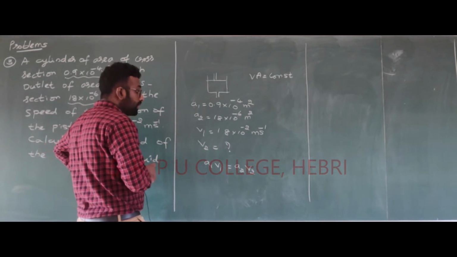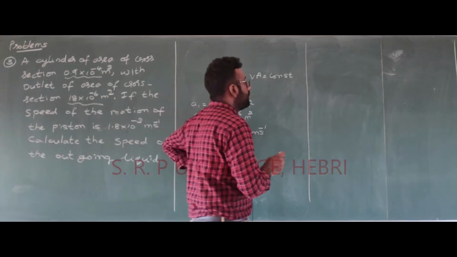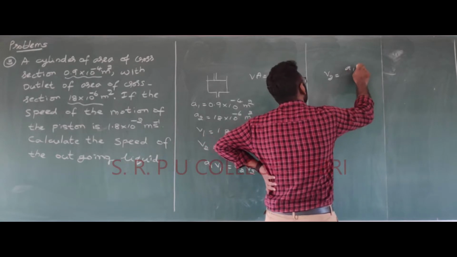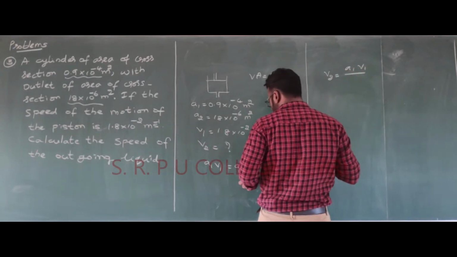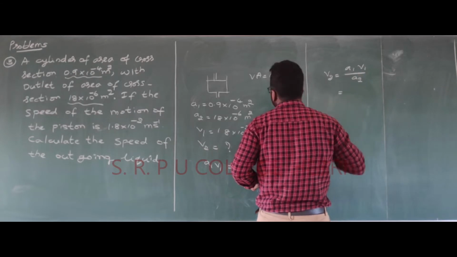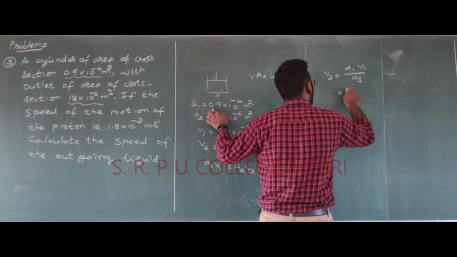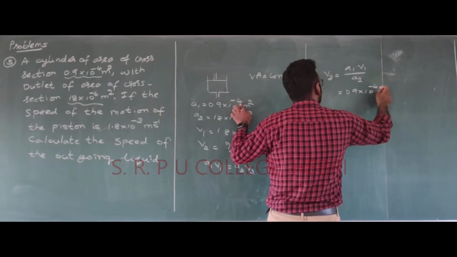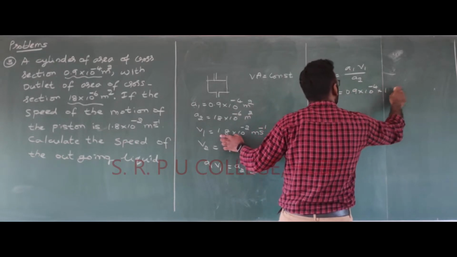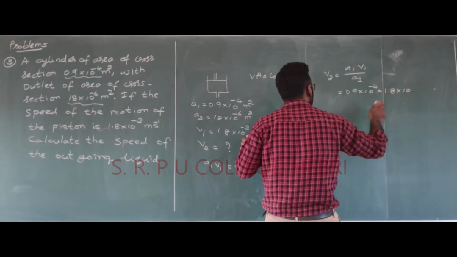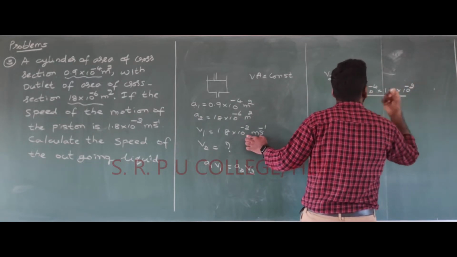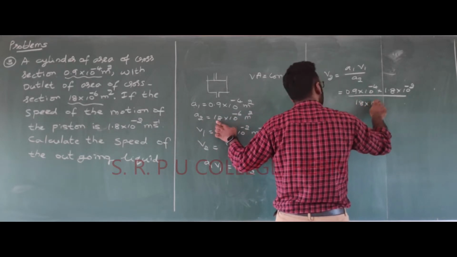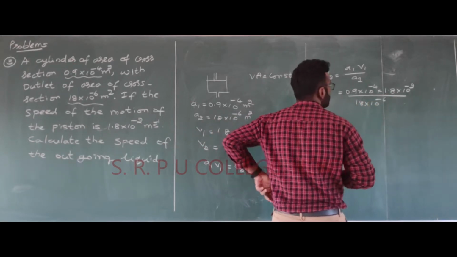Now what do you need? You need V2, right? So how to write for V2? V2 is equal to, take the term to the other side, A1 V1 divided by A2. So substitute A1, 0.9 into 10 to the power minus 4, multiplied by V1, which is 1.8 into 10 to the power minus 2, divided by A2, which is 18 into 10 to the power minus 6.